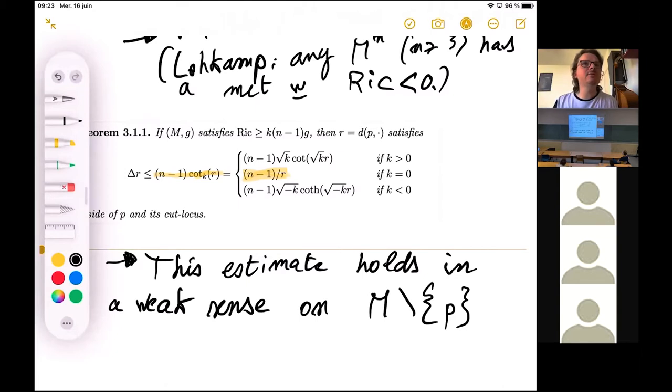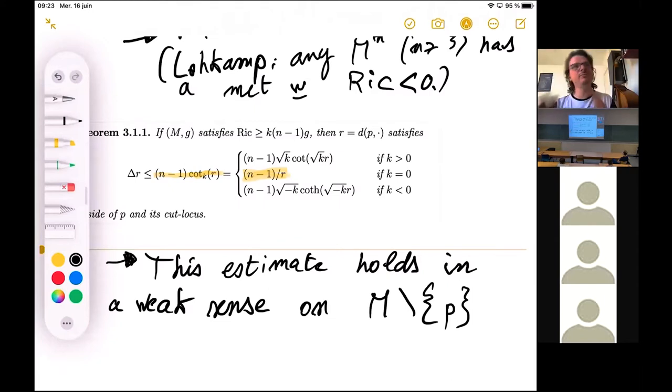So at p, you cannot get any upper bound on the Laplacian because it's basically like the absolute value. You cannot get any meaningful upper bound on the second derivative of the absolute value at the origin. But on the cut locus, it actually goes the other direction. In a way, it will look more concave than convex.